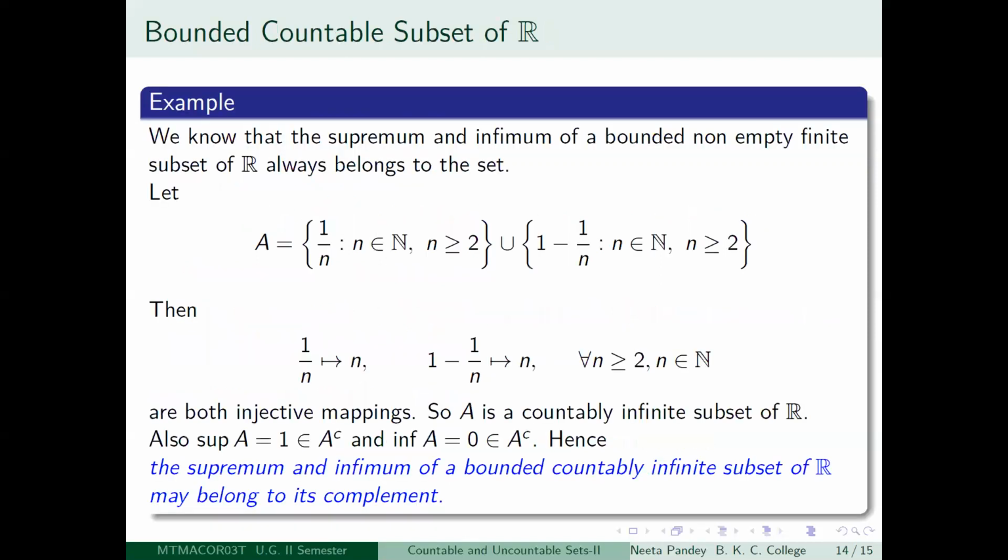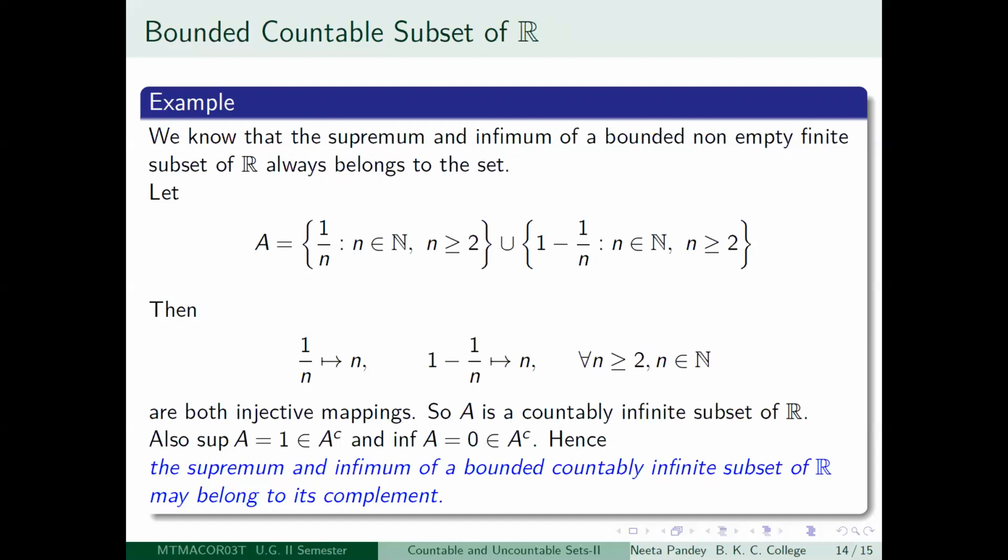So the next thing is actually a trivial example. This causes some confusion, so I have included it here. If I take a non-empty finite subset of R, then you can just list out the elements of the set from the smallest to the largest.